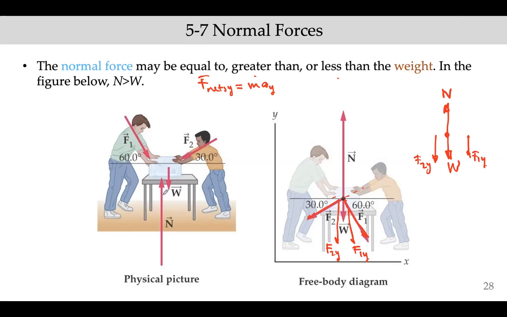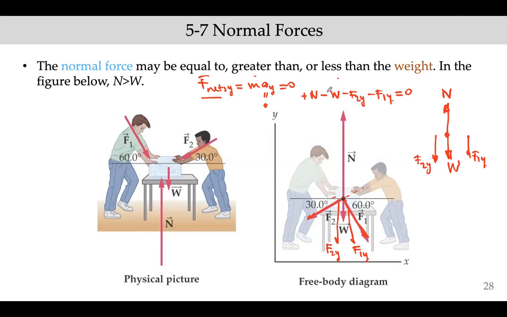Now this block is not moving up or down, it's already on the table. So this is 0, right? So let me write down the forces now. It's going to be N minus weight minus F2y minus F1y. And because acceleration is 0, I will equate them to 0.